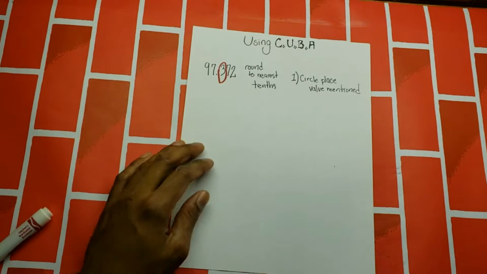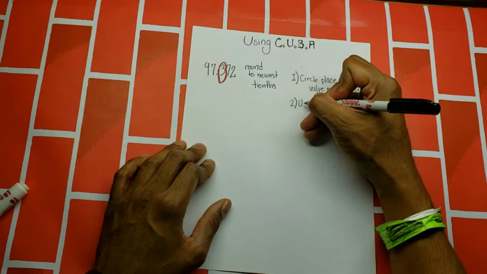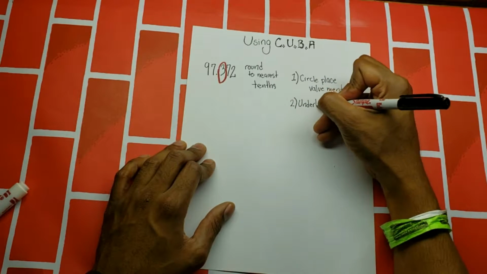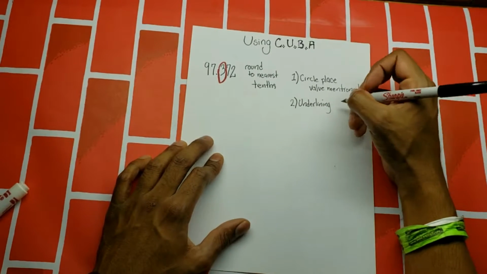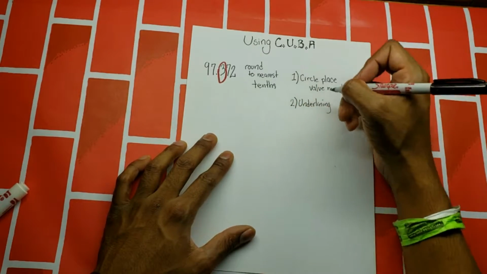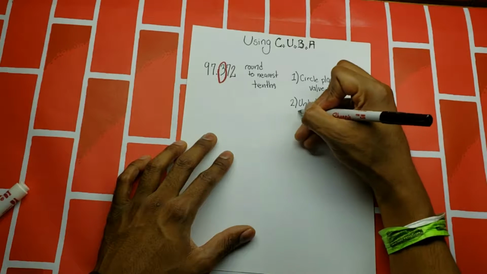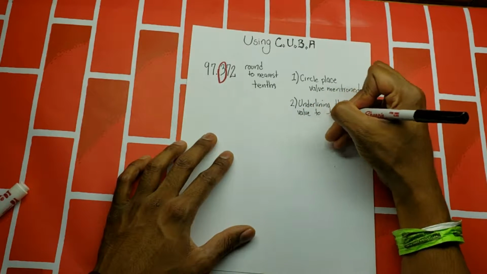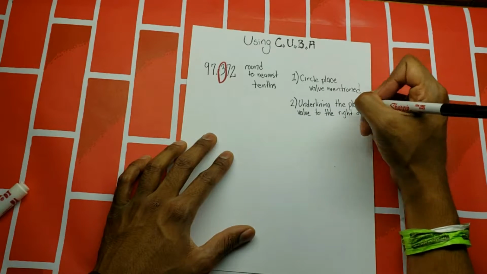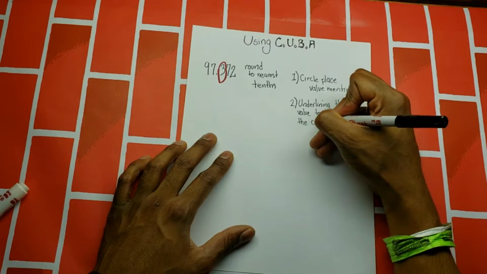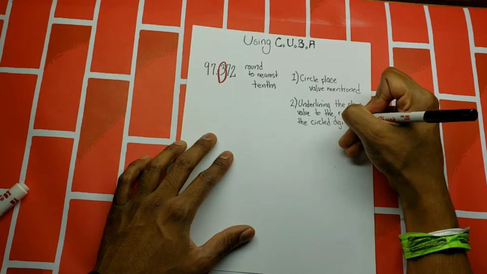Step 2, which is the U in C.U.B.A, refers to underlining the place value to the right of the circled digit or number.